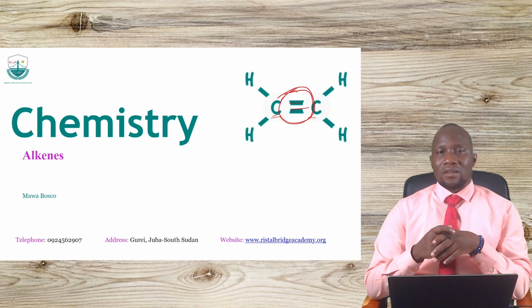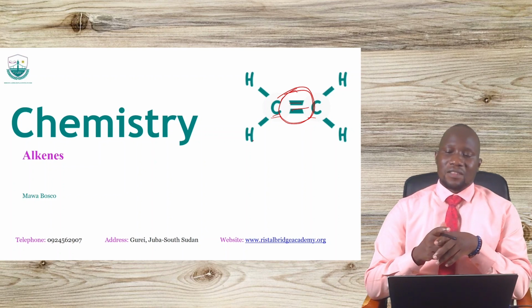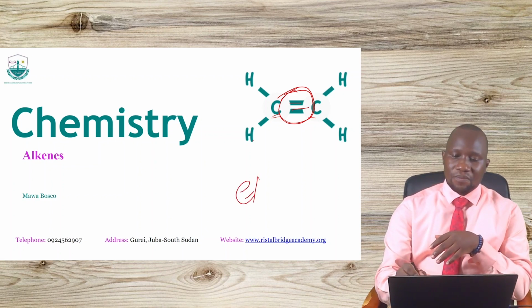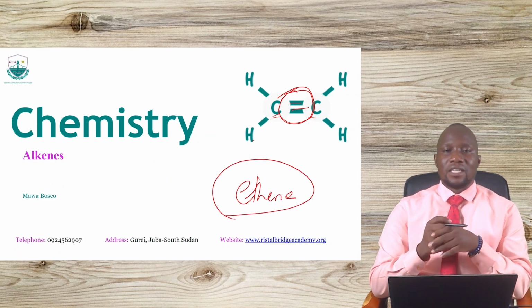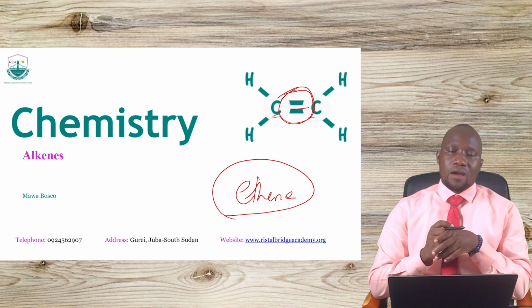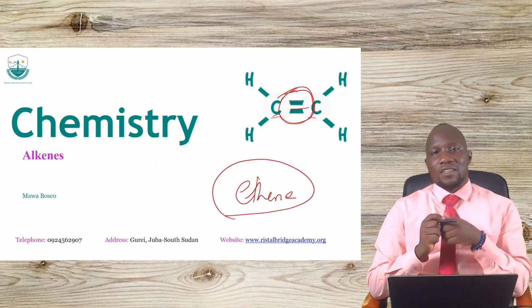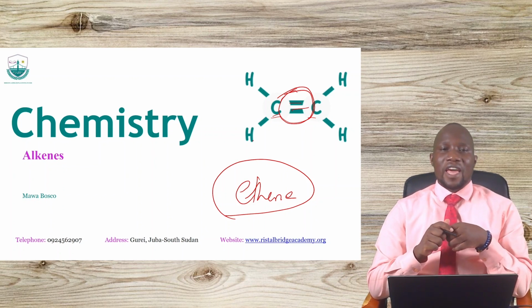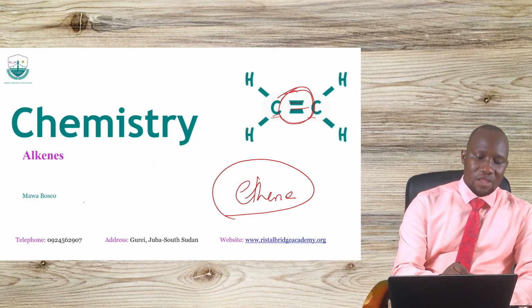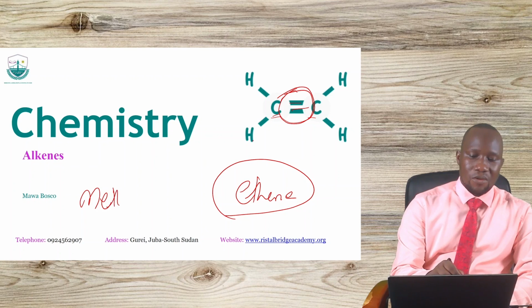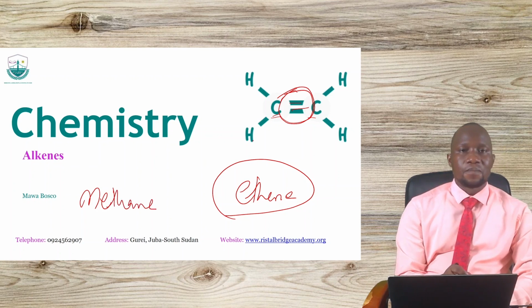Okay. Remember that ethene is basically the starting compound for alkenes. In alkanes, we started with what we call methane.